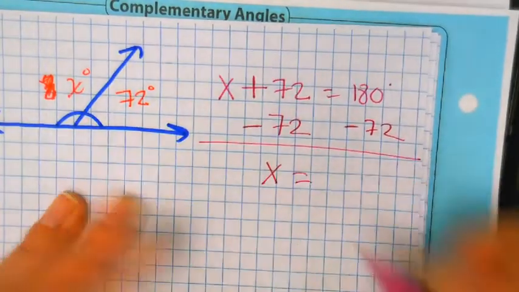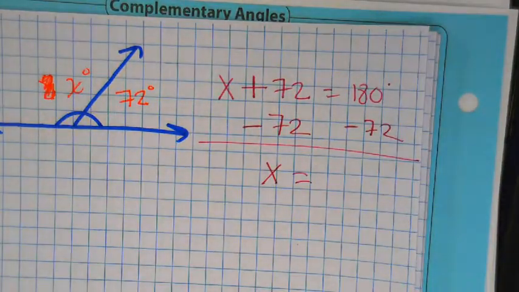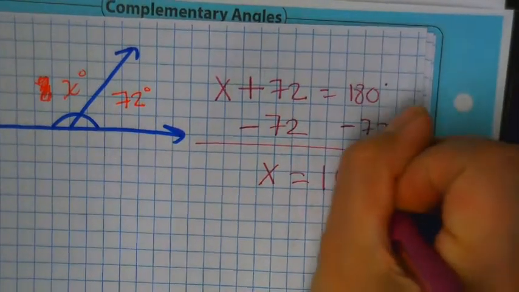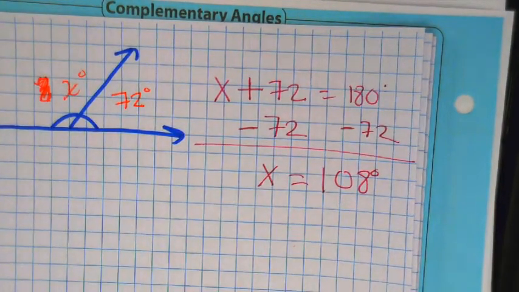X equals, the hardest part is making sure that you know how to borrow. X equals 108. Easy.